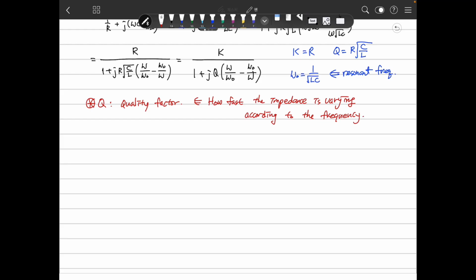This is the reason to use the quality factor Q. A high Q makes a very fast varying impedance.